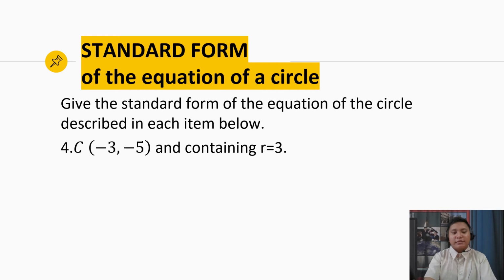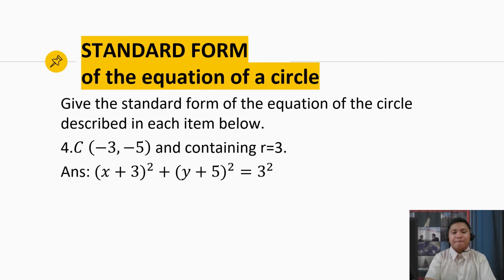Okay, let's check our answers and see if we have the same answer. Our answer would be (x plus 3) squared plus (y plus 5) squared is equal to 3 squared.